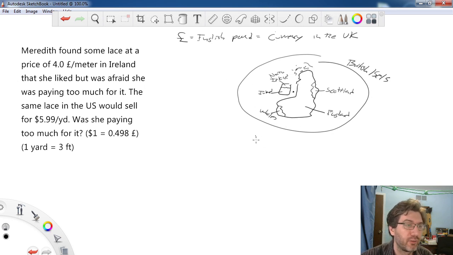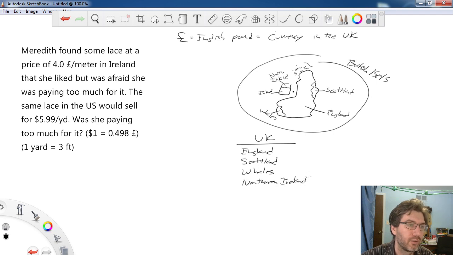So then you have the UK, which is England, Scotland, Wales, Northern Ireland. You have what's called Britain, which is this big island. That is the biggest island of the British Isles.